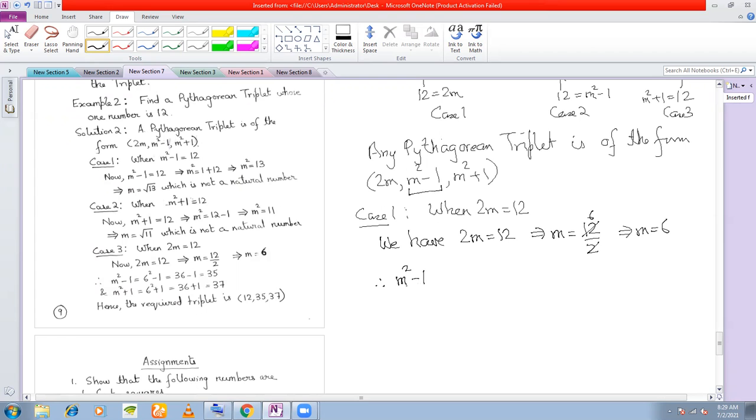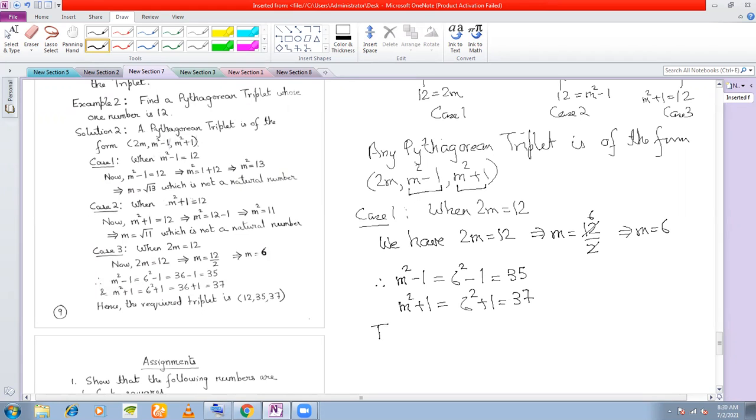M square minus 1 is equal to 6 square minus 1, which is equal to 35. Next, what is the next number here? M square plus 1 is equal to 6 square plus 1, which is equal to 37.